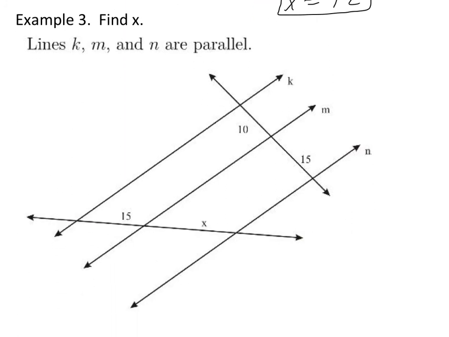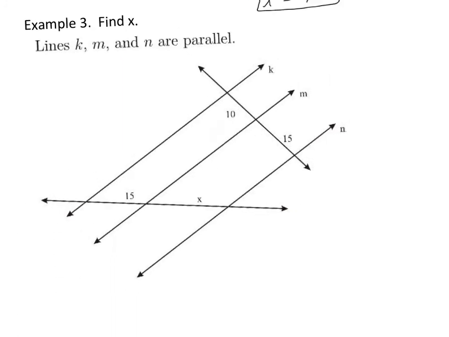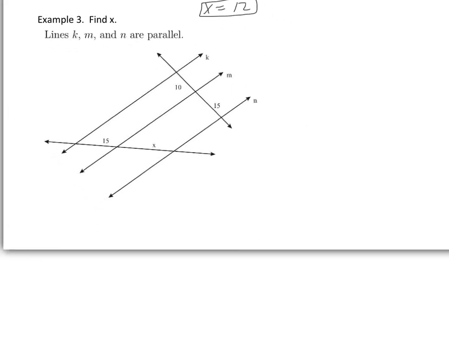All right, let's try another one. With parallel lines in space, as mentioned before, we can make a proportion of 15 compared to this side. It's going to be proportional to this piece.